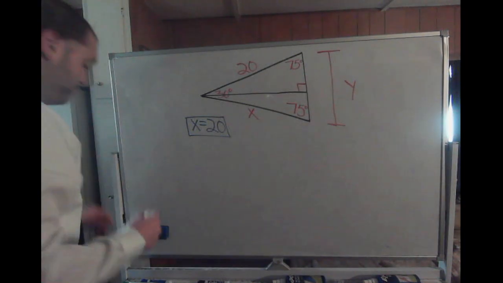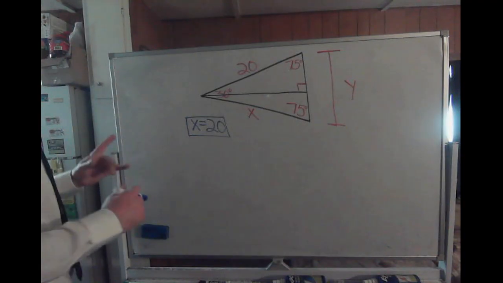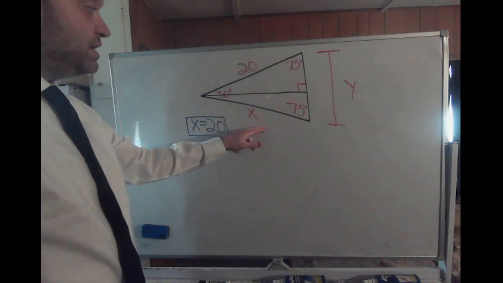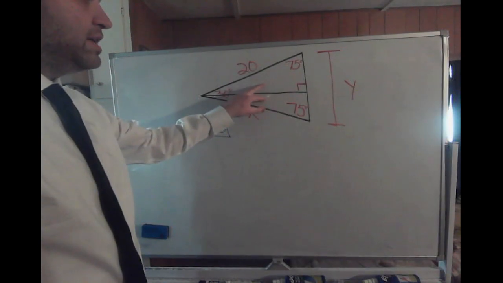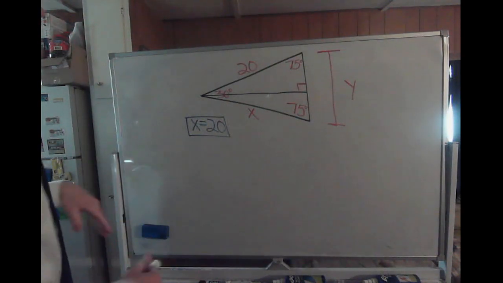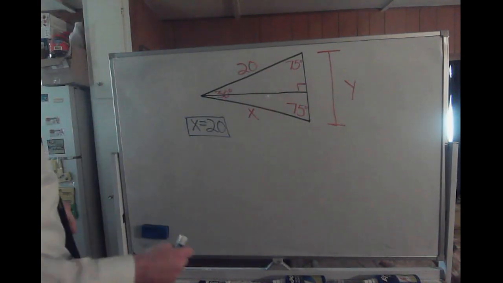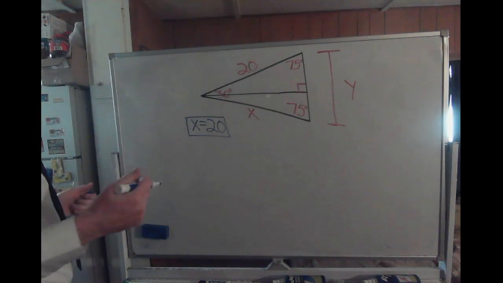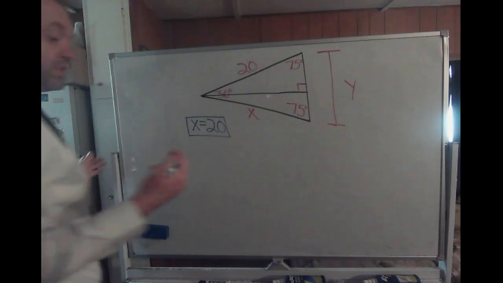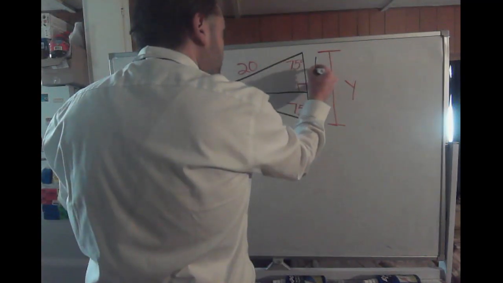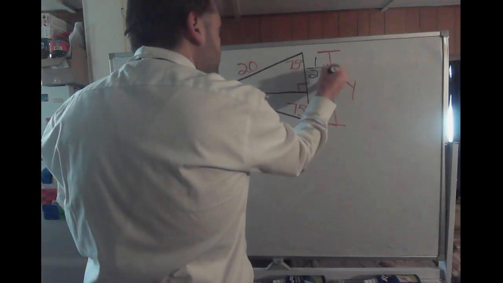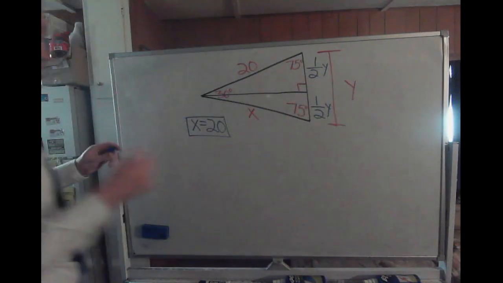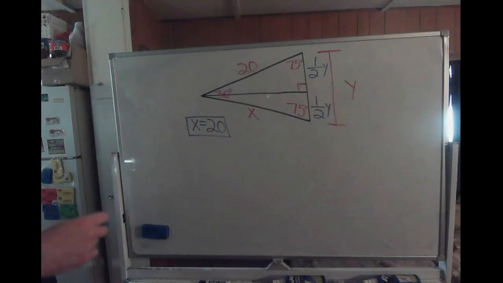Okay, so here's something though. You have the hypotenuse of each right triangle and a leg congruent, so therefore these two right triangles are congruent, which means these two legs are also congruent. If Y is split into two pieces, then half of Y is the length of each of these segments. So now we're actually getting fractions involved.